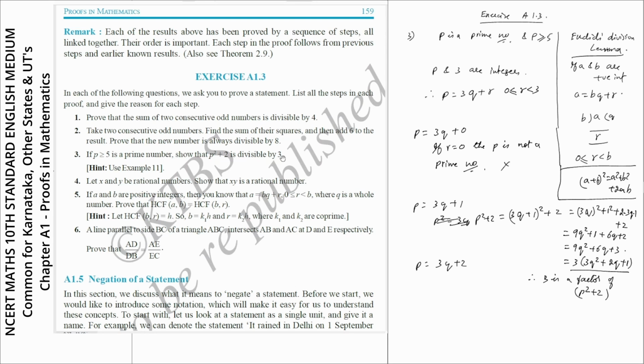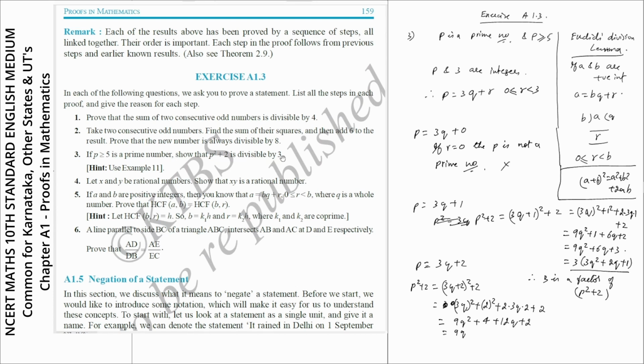Now coming to the last option. p can also be 3q plus 2. Now if I do p square plus 2, what will I get? (3q plus 2) the whole square plus 2. Expand now: (3q) the whole square plus 2 the whole square plus 2 into 3q into 2, plus 2. This is equal to 9q square plus 4 plus 2 3s are 6, 6 2s are 12, 12q, plus 2.